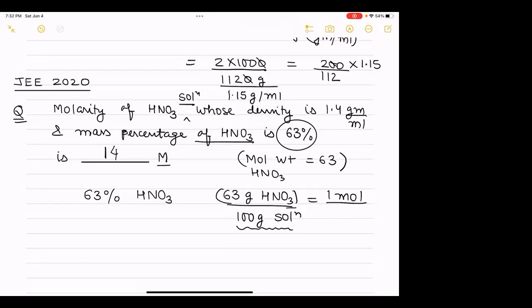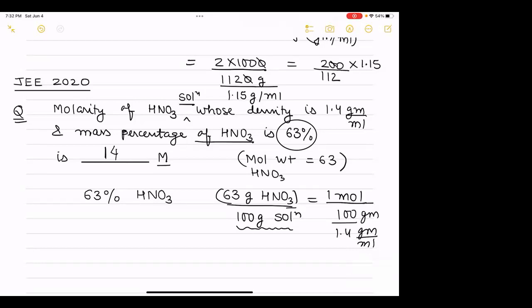So volume also you can find out. 100 gram of the solution is there. You can divide it by the density, which is 1.4 gram per ml.